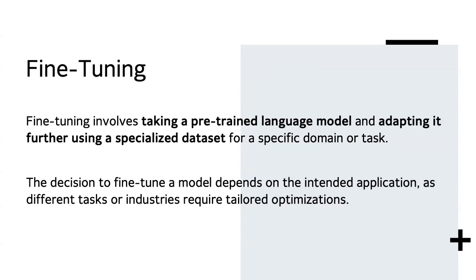So first, I'm gonna explain about fine-tuning. Fine-tuning involves taking a pre-trained language model and adapting it further using a specialized data set for a specific domain or task. The decision to fine-tune a model depends on the intended application, as different tasks or industries require tailored optimizations.